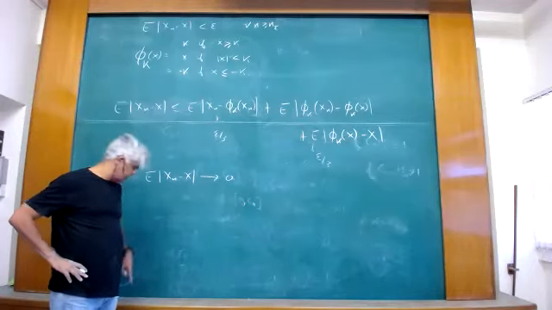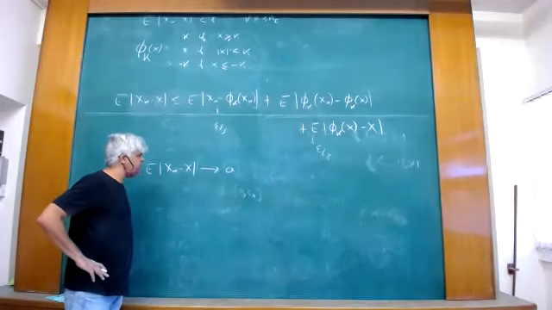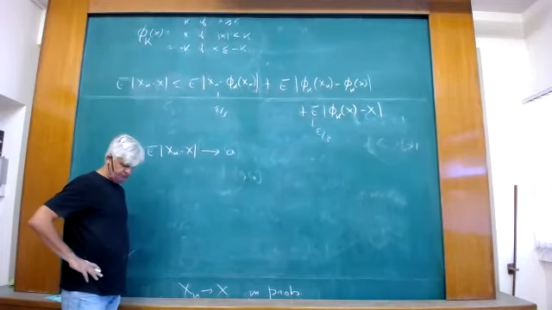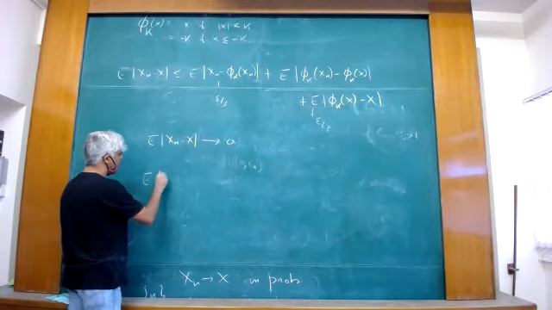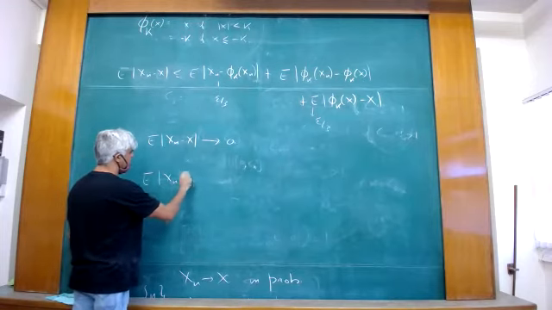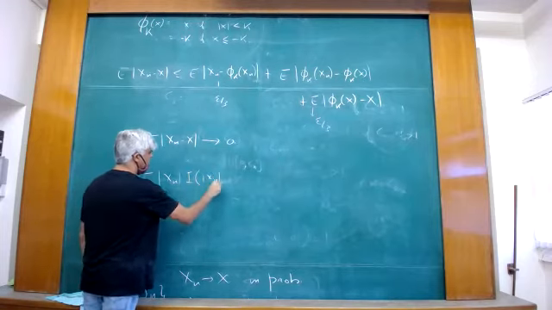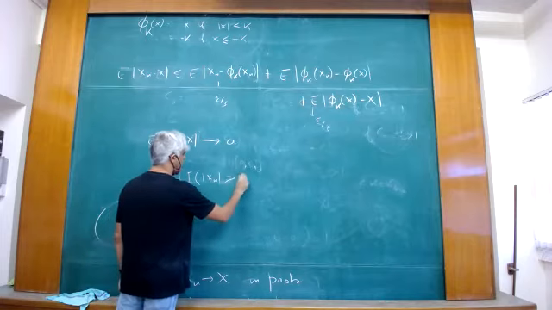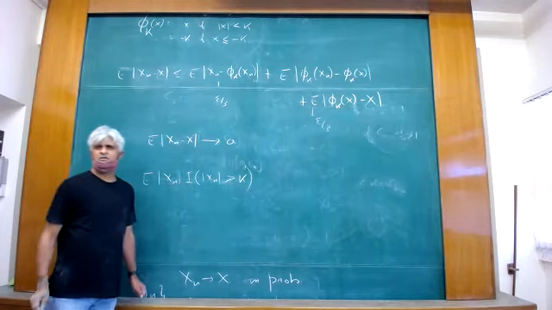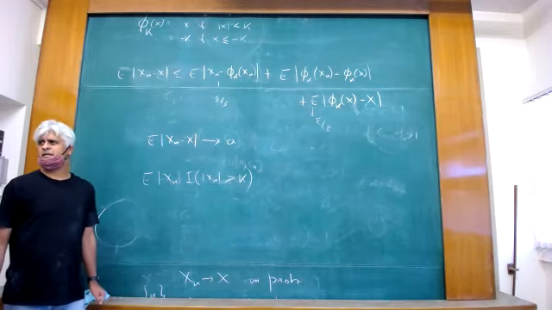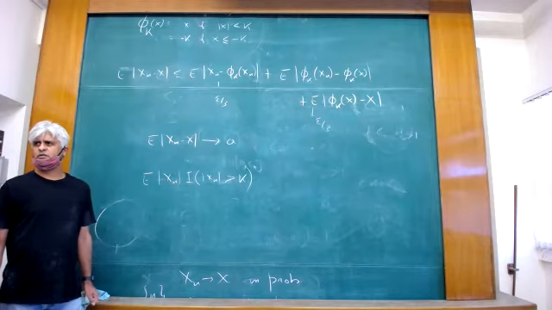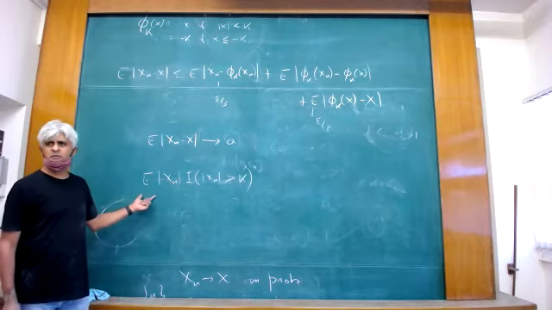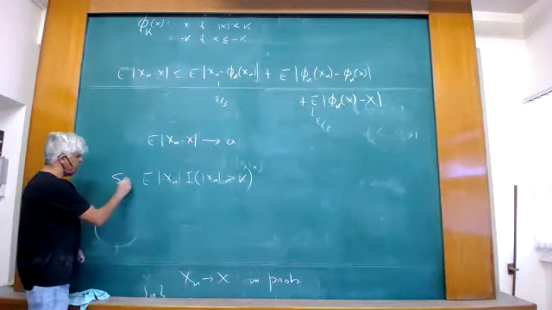So we need to show that this quantity can be made really small as K grows. That's what we need to show, as the supremum over n. So I need the supremum.